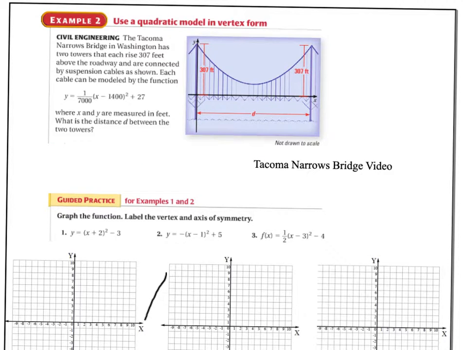And so you know that this x coordinate is your horizontal distance left and right. So this distance here is 1,400 feet, and so in order to get the total distance, you would simply multiply that by 2 to get that it's 2,800 feet long.